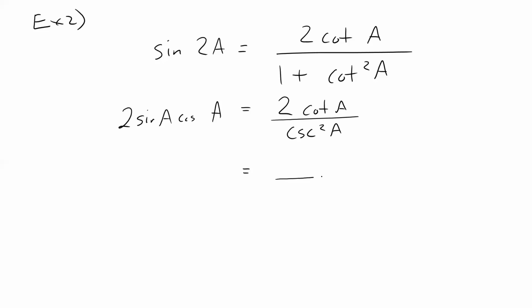So this one's going to be a weird one here. The 2 has to be on top. This would be cosine over sine. We're good there. And cosecant is going to be 1 over sine squared a.